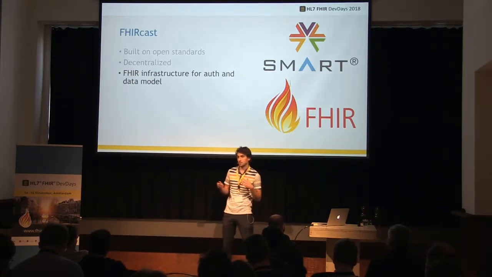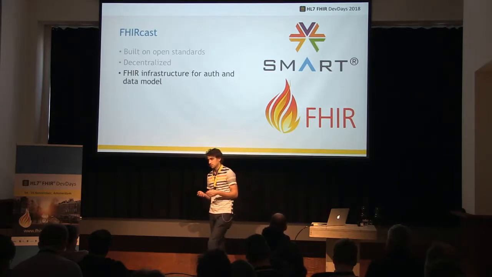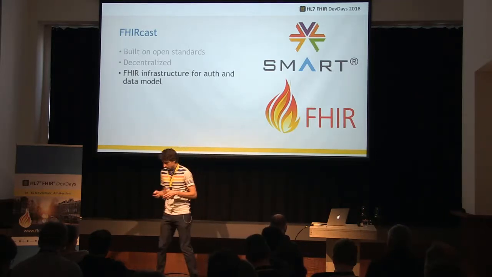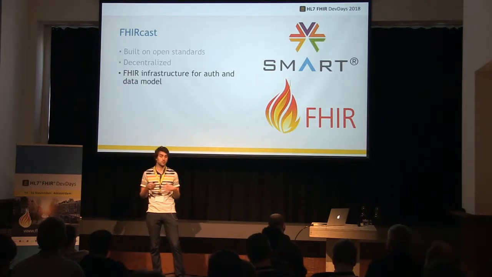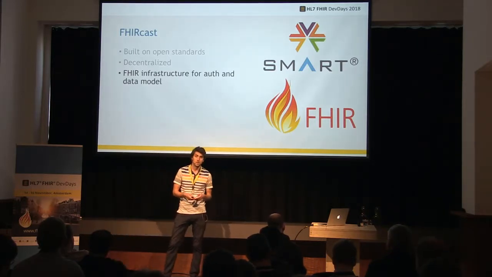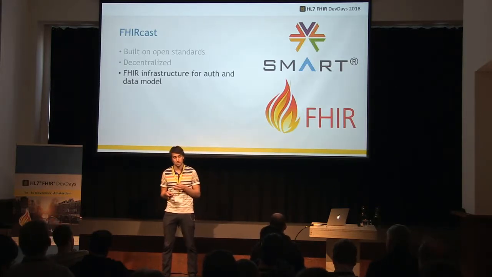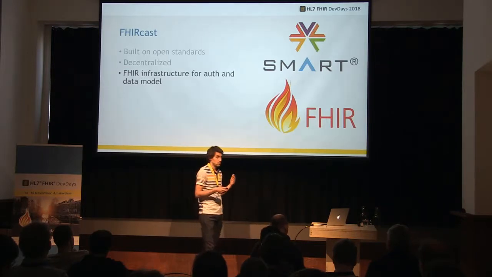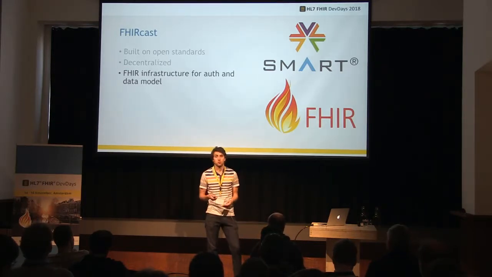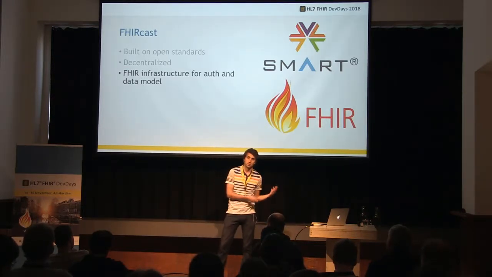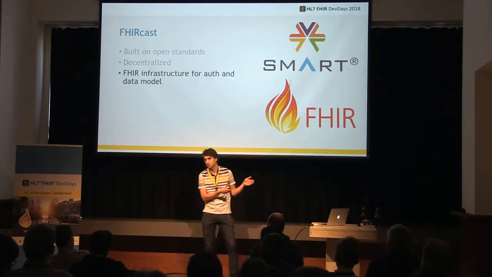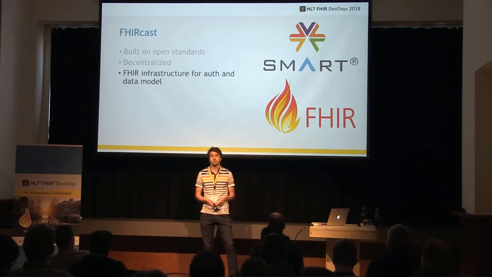And FHIRCast is extending Smart on FHIR, so there is one additional scope for saying that you can synchronize contexts between applications. And in Smart on FHIR launch, you can also bring with you a lot of the starting parameters that you need for FHIRCast.